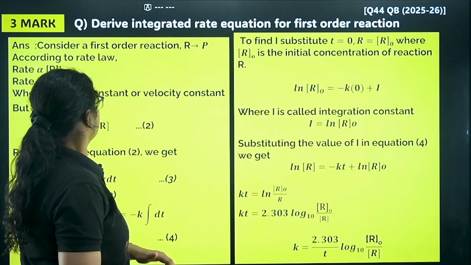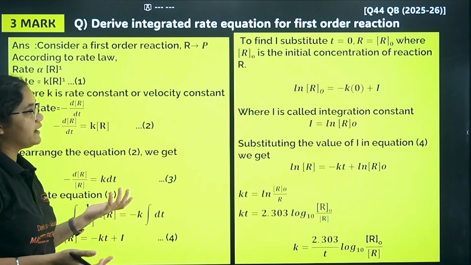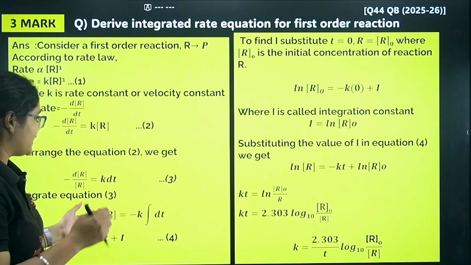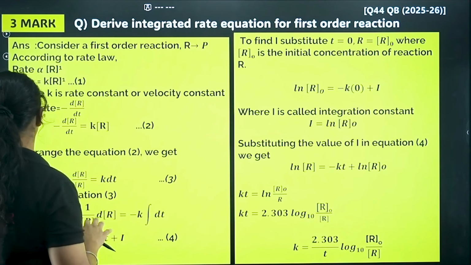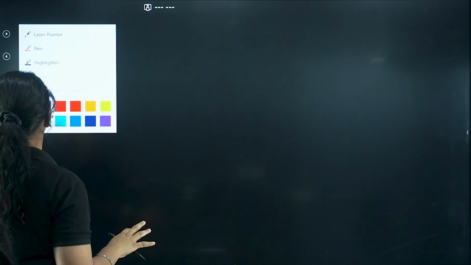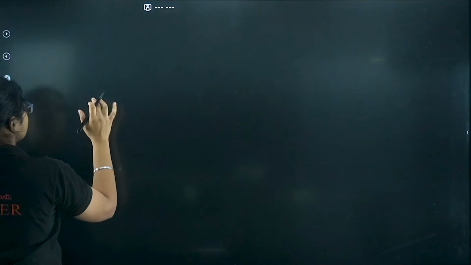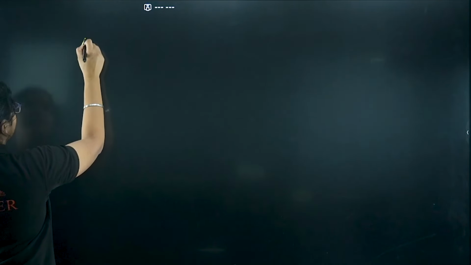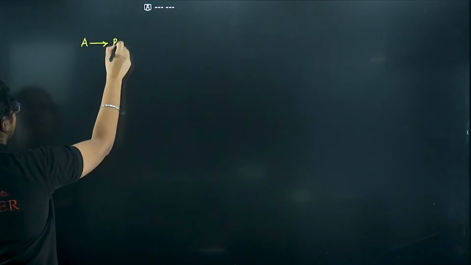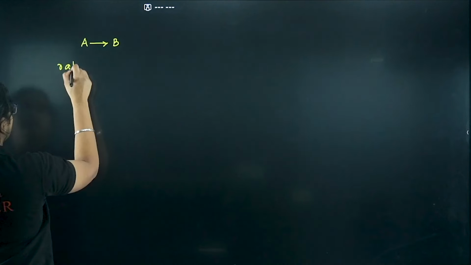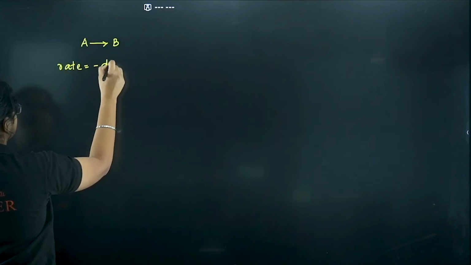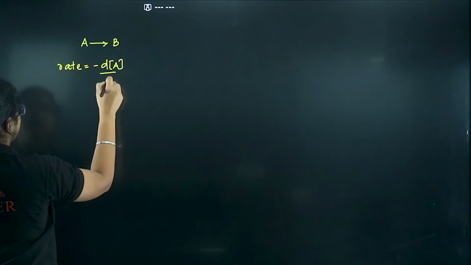Okay. Next, the question is to derive the integrated rate law for the first order reaction. First I want to explain this in simple terms like we have done for zeroth order. It is very similar to that. Now, for first order, let the reaction be A to B, right? So what is the rate here? Rate is equal to minus dA by dt.